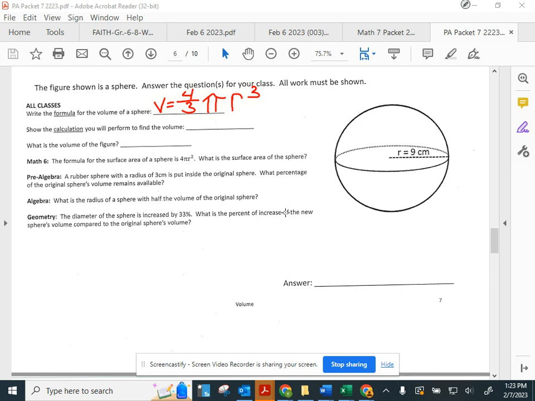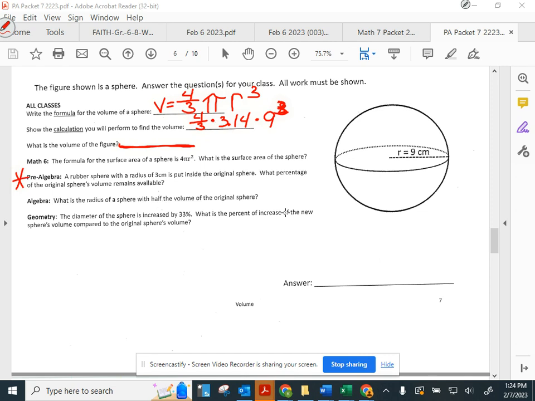Some of us do 3.14, some of us do the pi button. So I'll know what the two different numbers are, and you'll still get credit for it. So the calculation that you're doing is 4/3 times 3.14 or pi times that same radius of 9 cubed. Put the answer here.